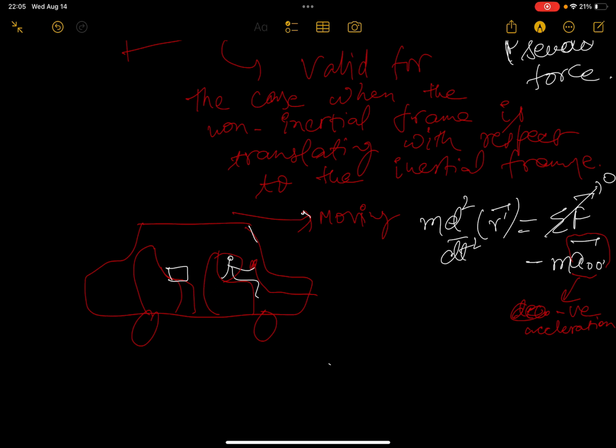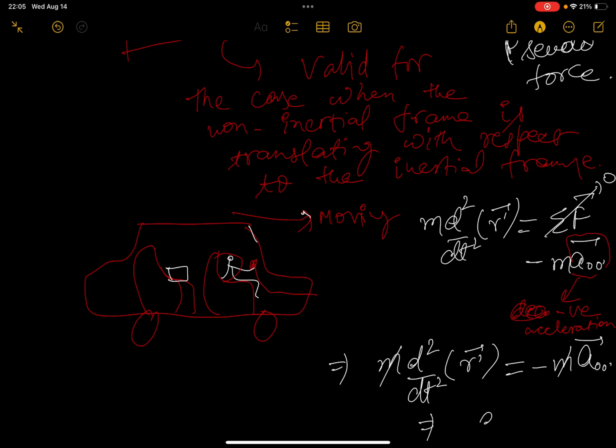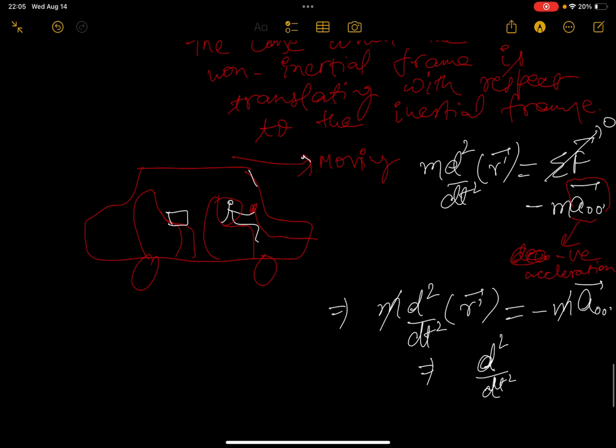In this case, this implies that m d2 by dt square of r dash equals minus m a o dash. So you can see that the mass cancels. You can see that d2 by dt square of r dash equals minus a o dash.